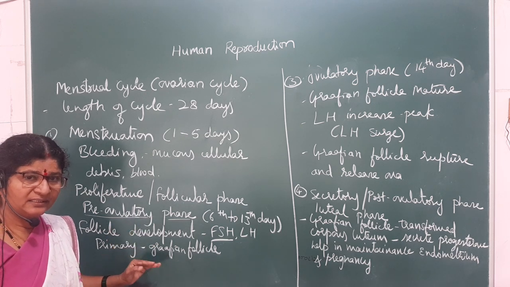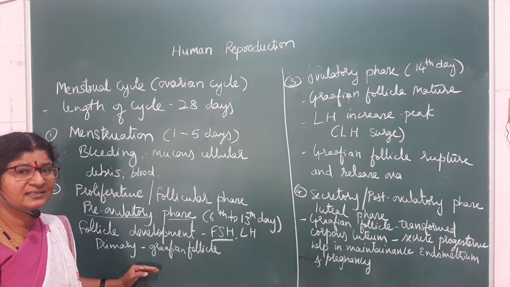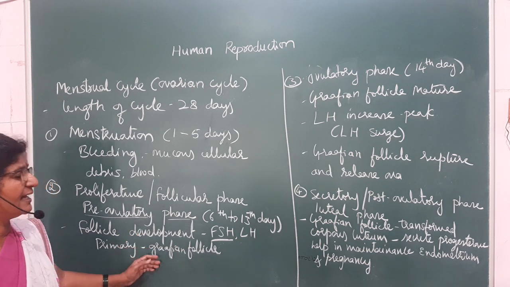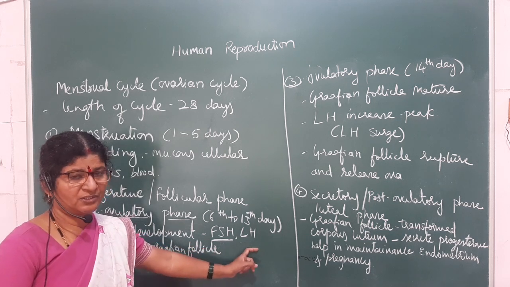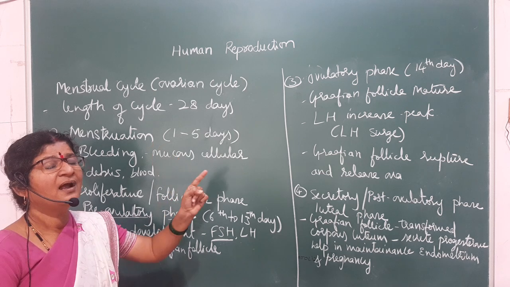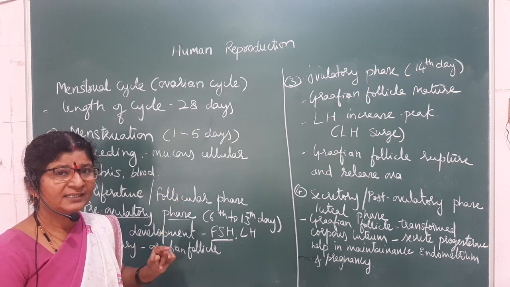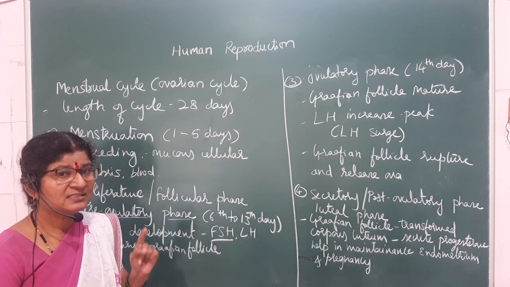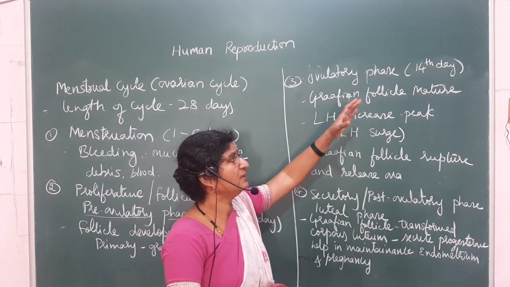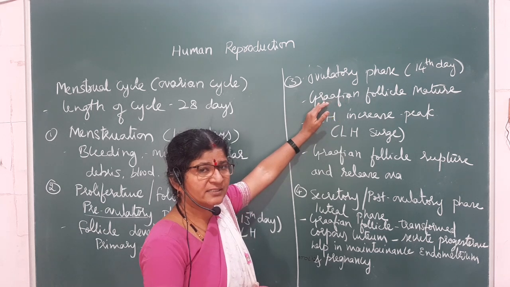When the estrogen level starts increasing in the blood, that will trigger the anterior pituitary gland for the secretion of LH. When the LH increases in the blood and reaches the peak, the peak level of LH is called LH surge. During this period, the Graafian follicle will get ruptured and release the ova.